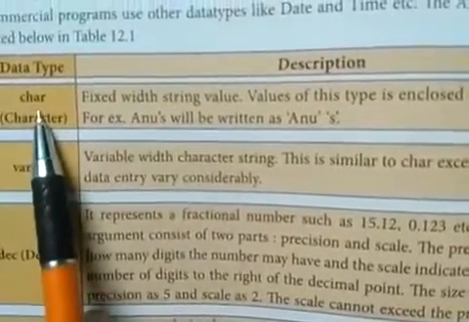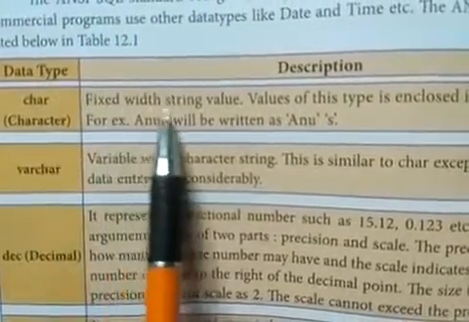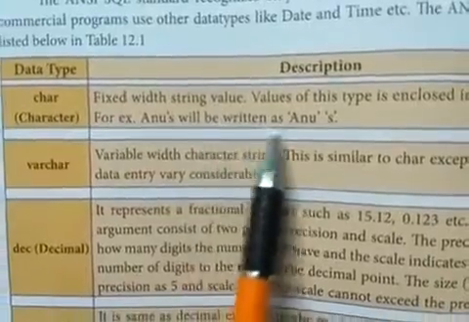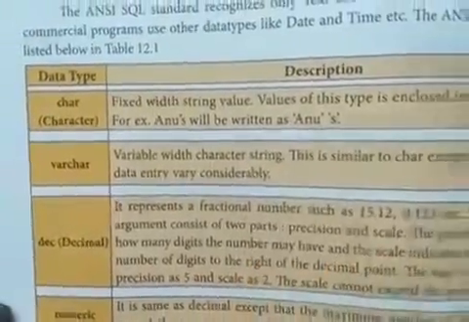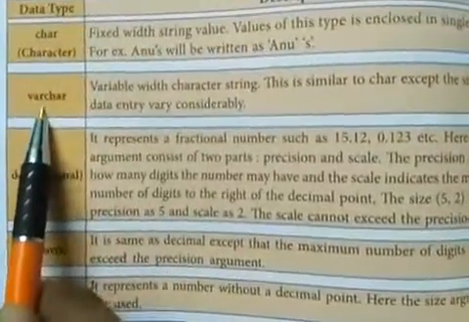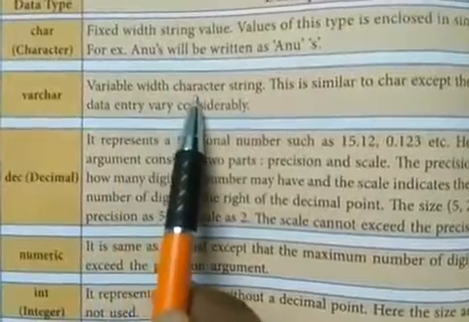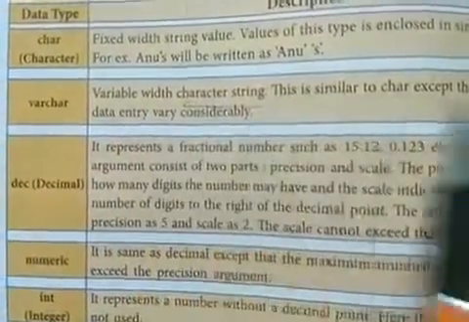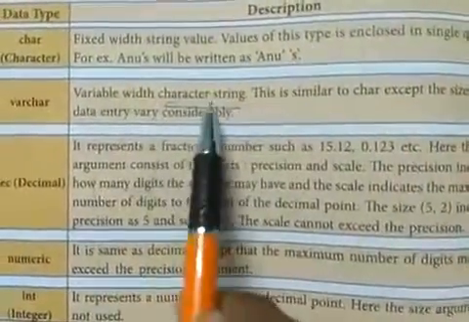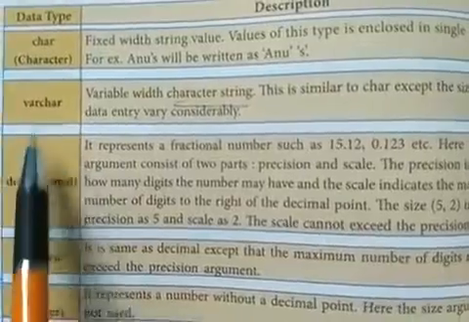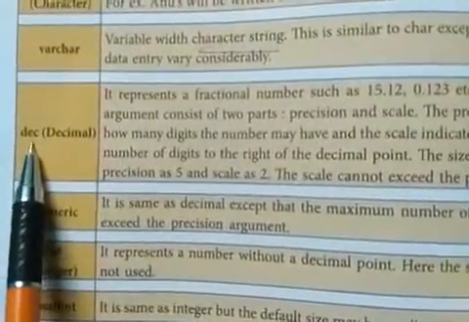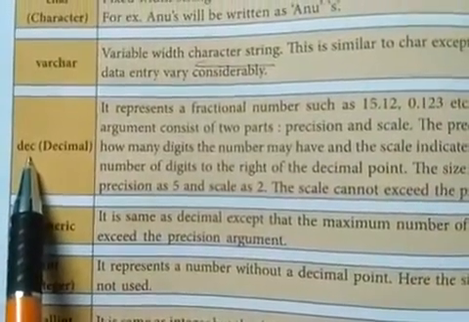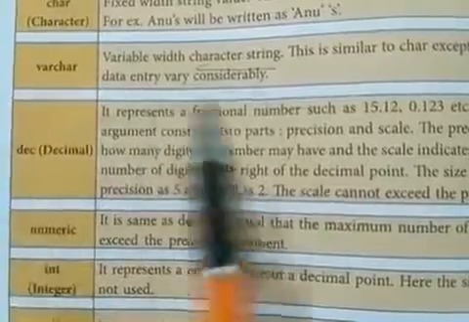So the first data type is character, which is used to specify a set of characters, either a name or yes, whatever it may be. The next one is varchar. Varchar is also used to specify a character string, so a set of character strings can be specified with varchar. The next data type is DEC, which is used to specify decimal values.